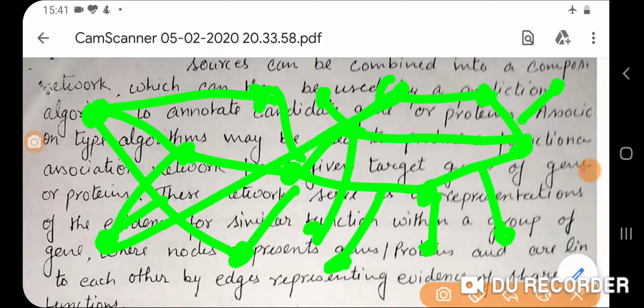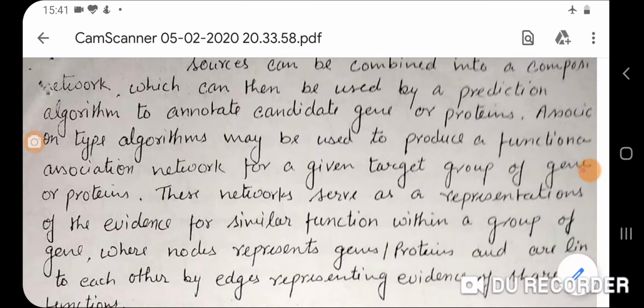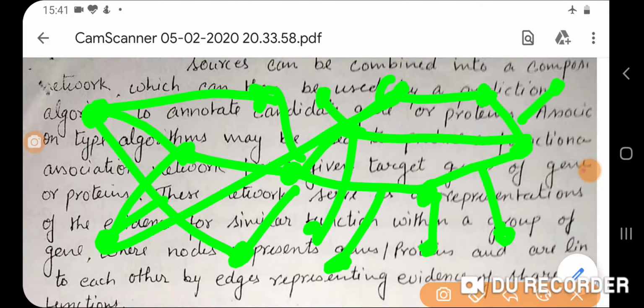So this is a complete network. It is the same color, so it might be a little bit clumsy, but I hope you will understand well. When you go to STRING, you will find it like this.